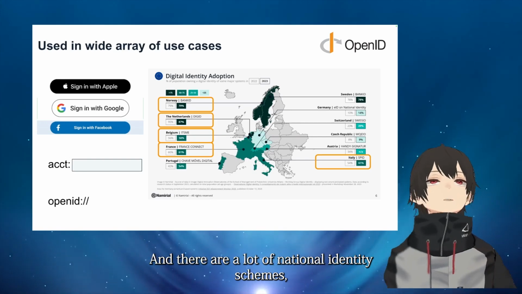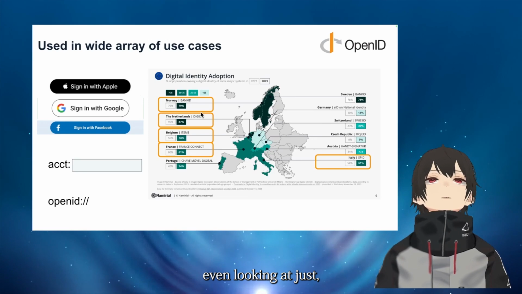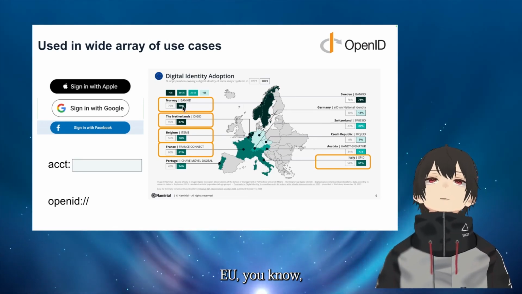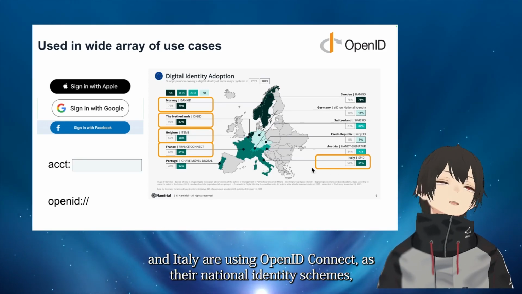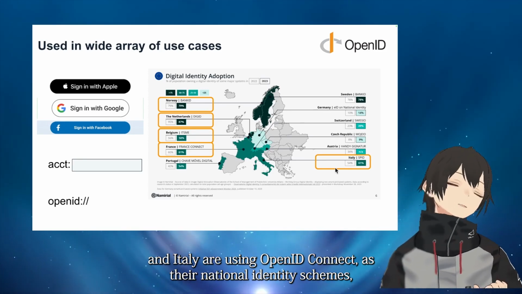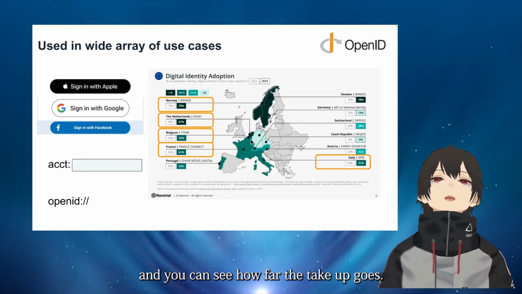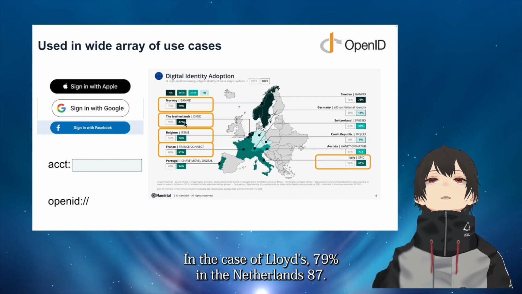And there are a lot of national identity schemes, even looking at just the EU. Norway, Netherlands, Belgium, France, and Italy are using OpenID Connect as their national identity schemes. And you can see how far the take-up goes. In the case of Norway, it's 79%.